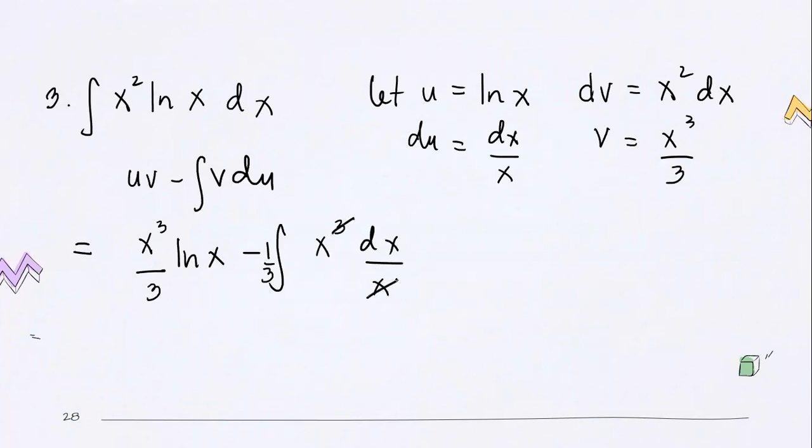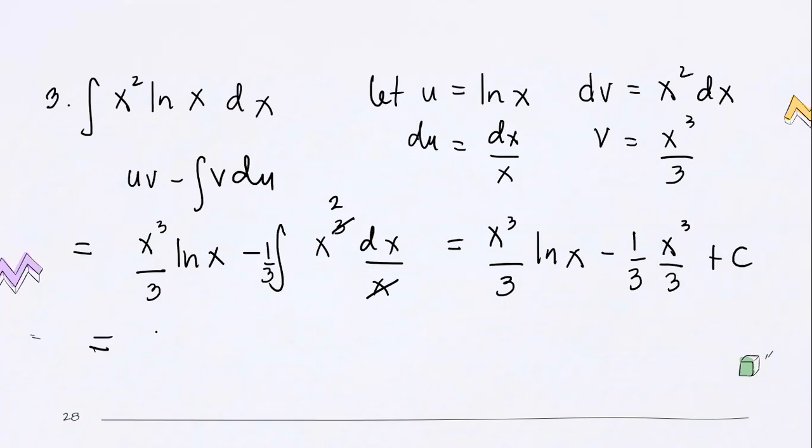We cancel, x squared dx is x cubed over 3, so that is x cubed over 3 ln x minus 1/3 times x cubed over 3 plus c, or equal to x cubed over 3 ln x minus 1 over 9 x cubed plus c.